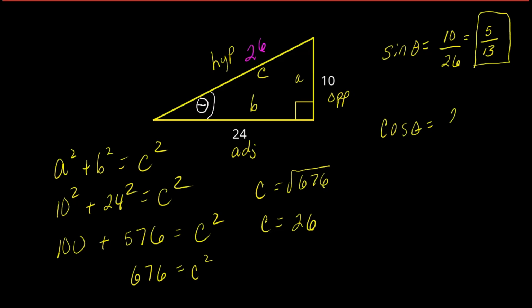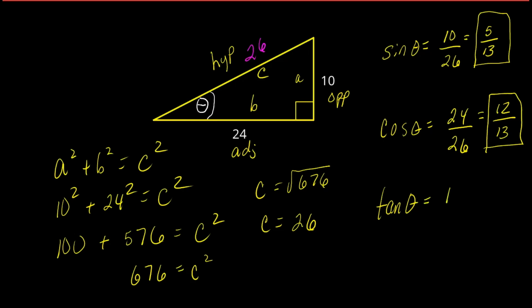The adjacent side is 24, the hypotenuse is 26. This reduces down to 12 over 13. And tan theta is equal to opposite over adjacent. So that will be 10 over 24, which reduces down to 5 over 12.